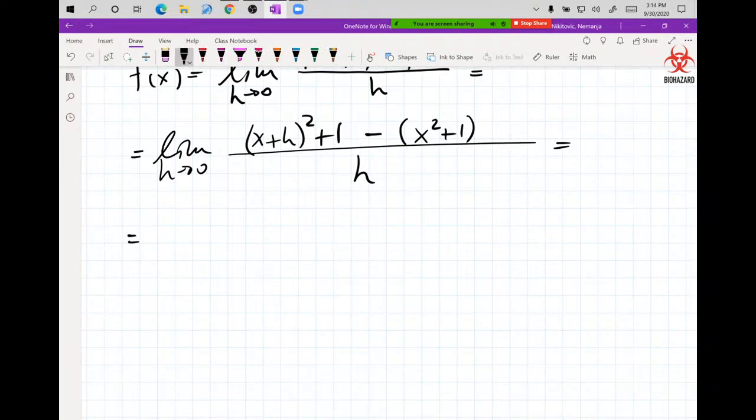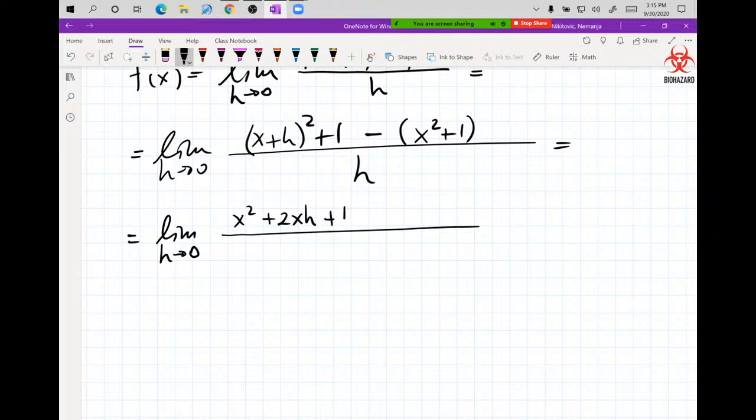We go into the limit as h goes to 0, and then we expand, so that's x squared plus 2xh plus h squared plus 1 minus x squared minus 1 when you distribute. And now we cancel x squared and minus x squared, positive 1 and negative 1, which leaves us with the terms that have h.